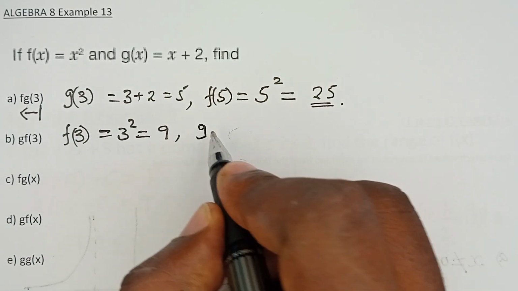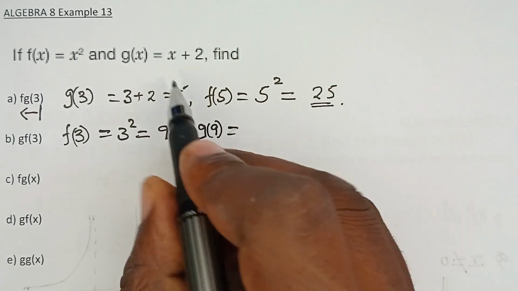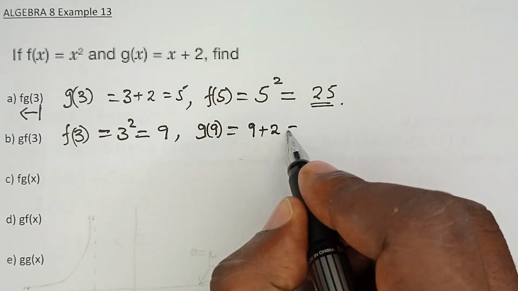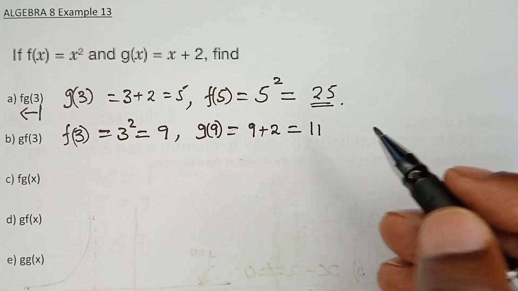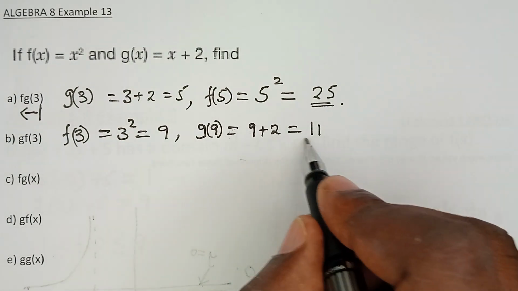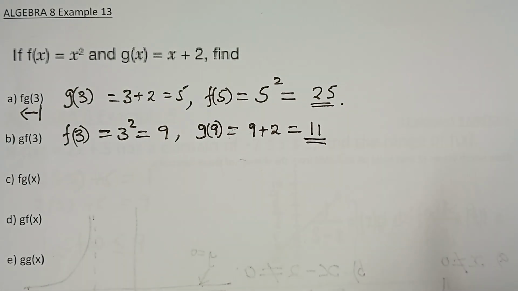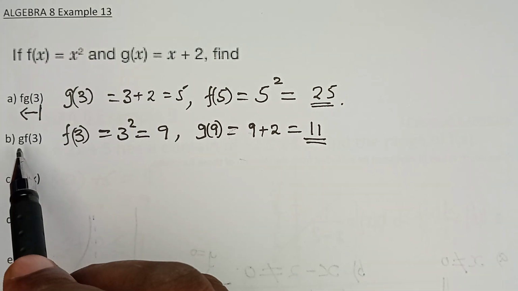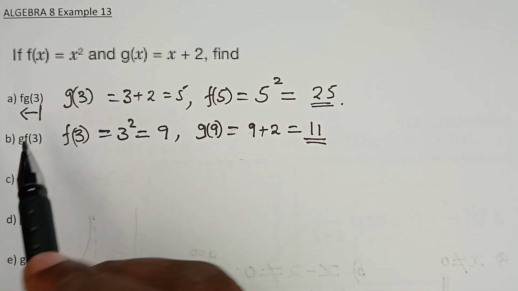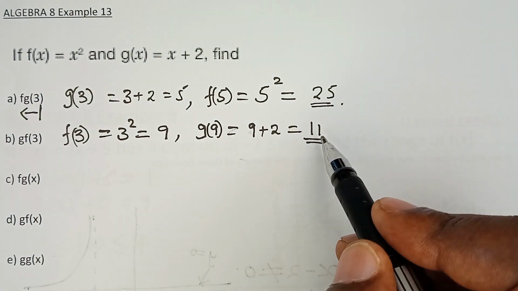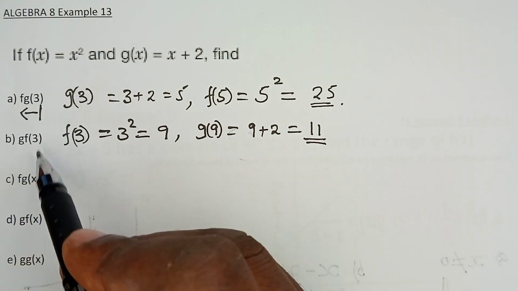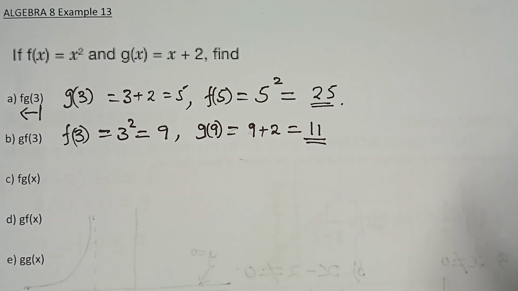So g(9) is 9 plus 2, which is easily 11. And that is gf(3). You can clearly see fg(3) is not equal to gf(3) because 25 is not equal to 11, even when we start with the same domain.